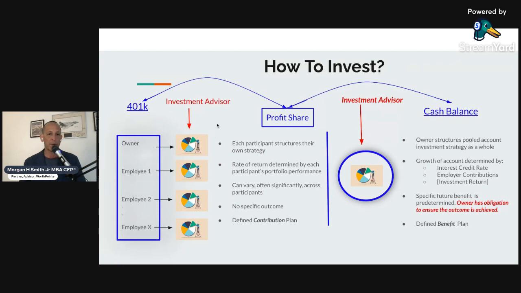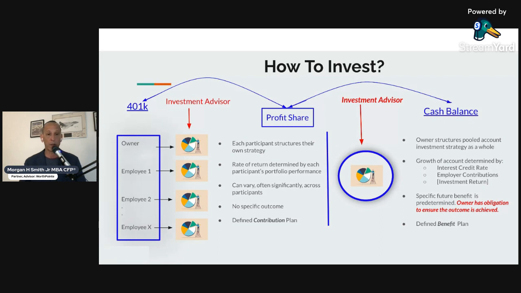That's why, as an investment advisor, I work with a lot of business owners who have 401ks, and I am structuring individual customized portfolios for each participant and managing those on behalf of the participant. And so it's a real benefit for the participants, where they're getting professionally managed investment portfolios that are getting rebalanced, and they know they're on track and they have some peace of mind.